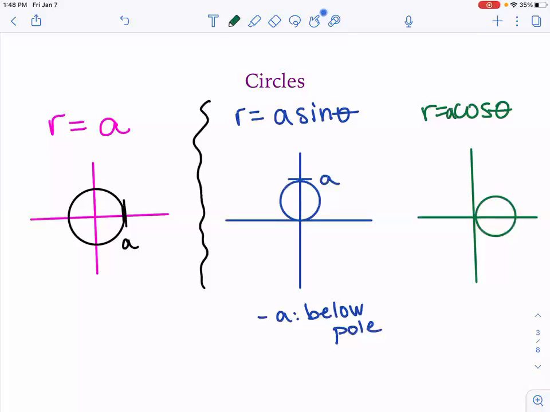But this time we're going to go horizontal. And if a is negative, we would be to the left of the pole.